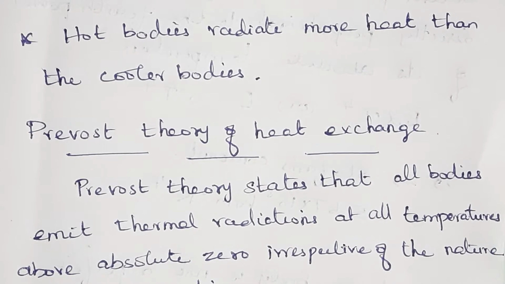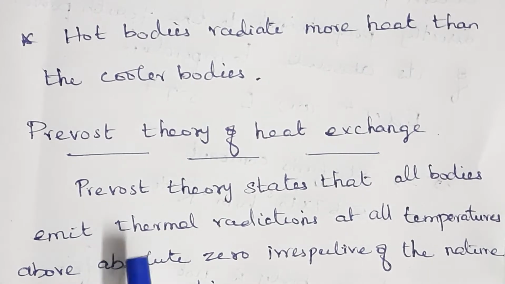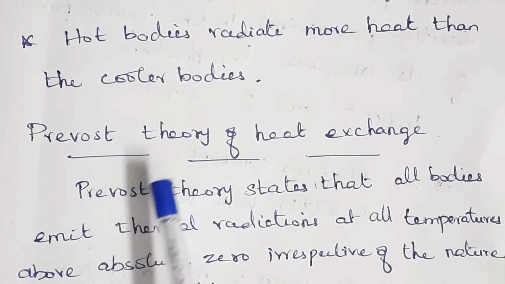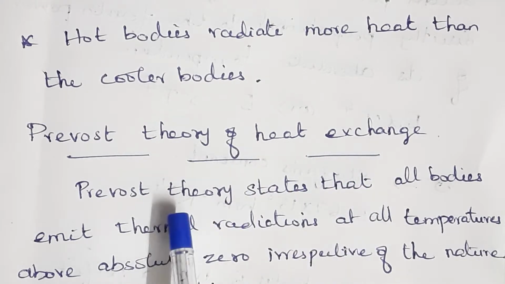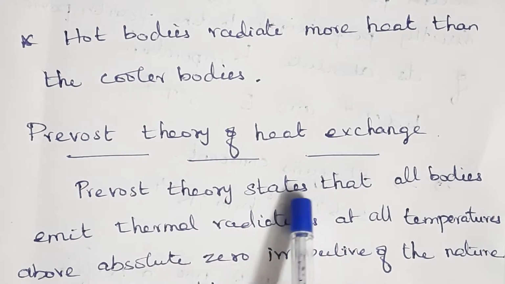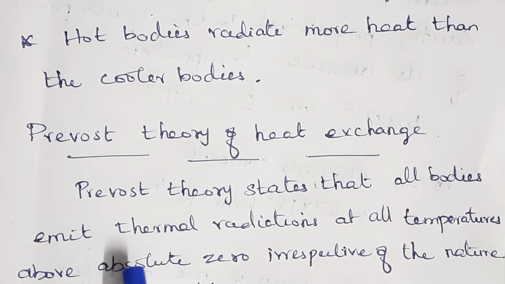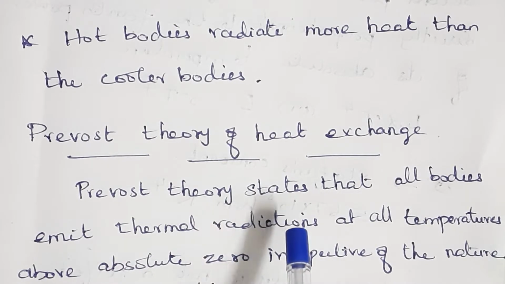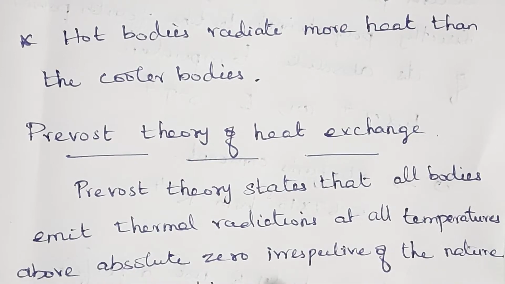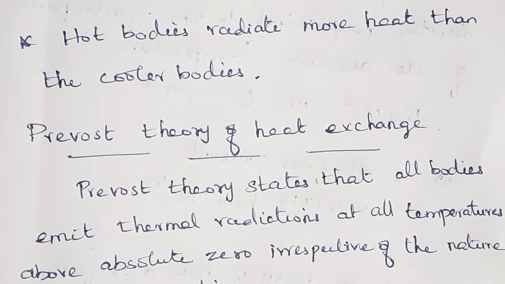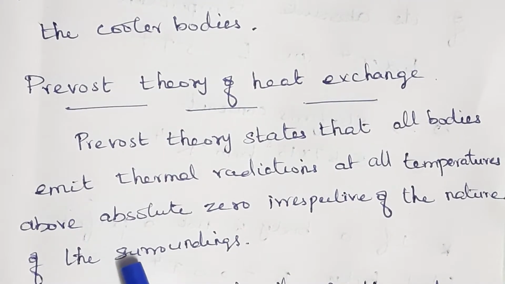So what does Prevost theory state? State Prevost theory of heat exchange. Prevost theory states that all bodies emit thermal radiation at all temperatures above absolute zero, irrespective of the nature of the surroundings.